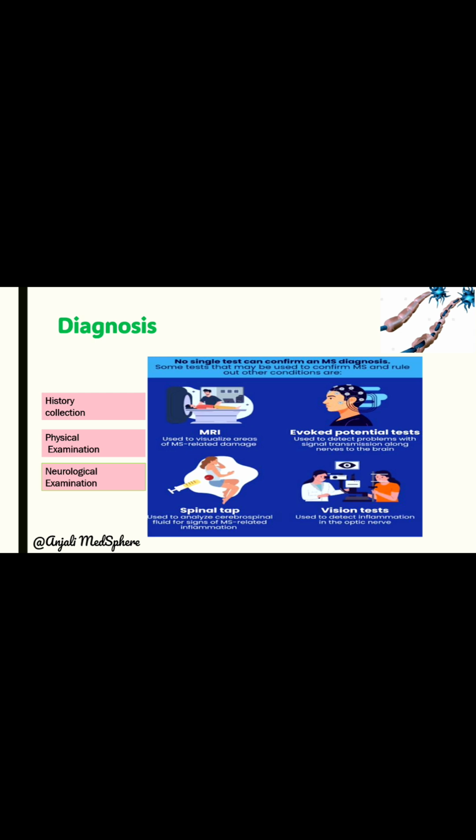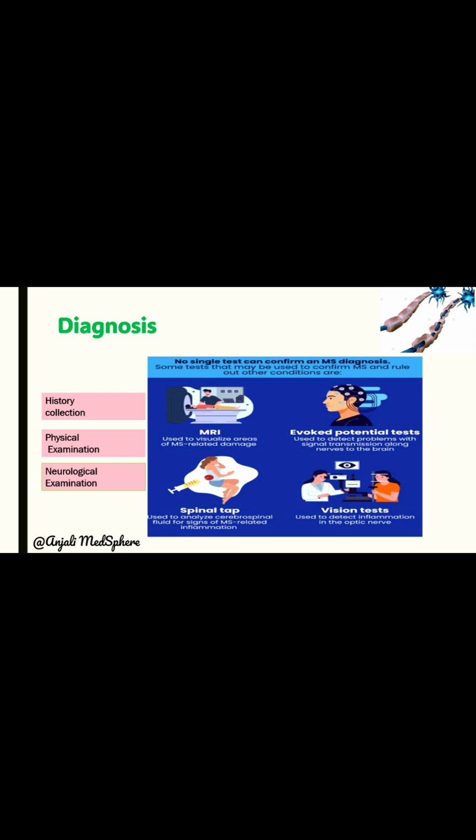Physical and neurological examination will mainly help us understand whether the patient has any muscle problem, walking problem, coordination problem, balance problem, vision problem or speech problem, and how the nerves are affected. All the cranial nerve examination will be done, and also the muscle power, tone, and reflexes, which can be exaggerated. This can be understood from the neurological examination.